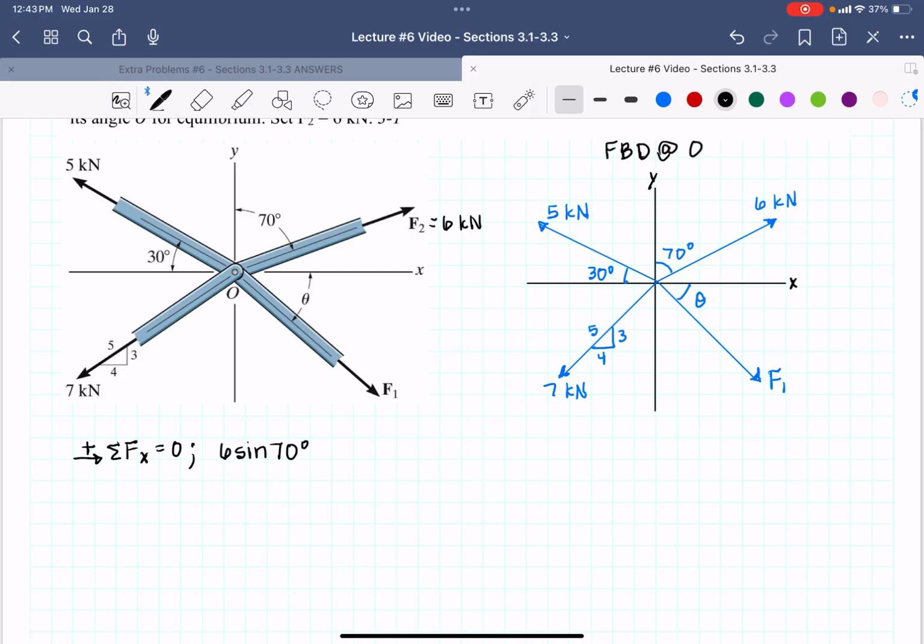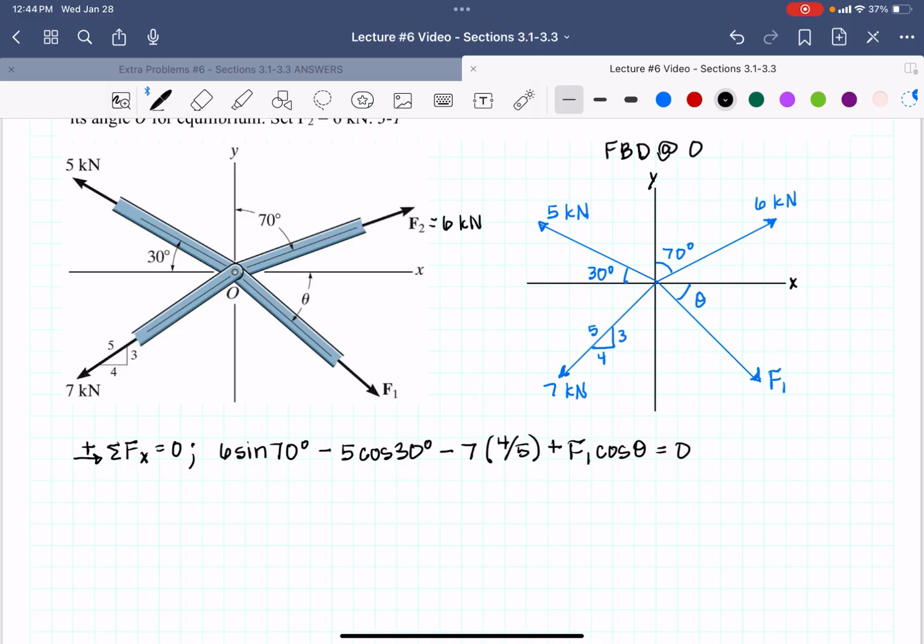This time I've got a negative 5 times the cosine of 30 degrees. And then I've got one more, negative 7. And my similar triangle is 4 over 5. Then I've got my last one, which is positive F1 times the cosine of theta. And that all equals 0.